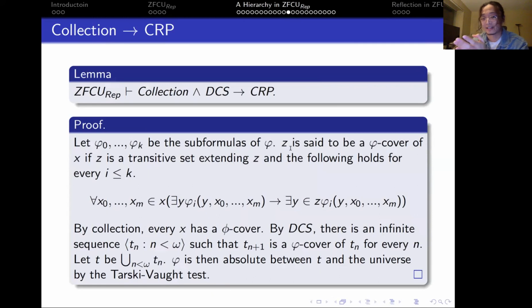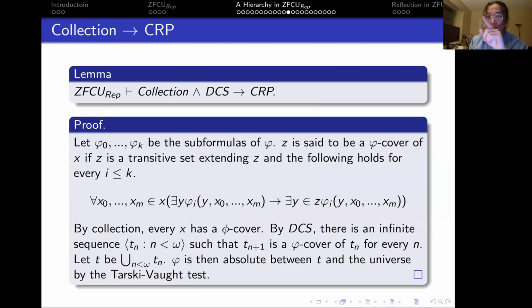We say Z is a phi cover of X just in case Z is a transitive set extending X, and the following holds for every i: if there is a witness for phi_i, then you can find that witness in the set Z. By collection, we can show that every X has a phi cover, because you can consider the set of all finite sequences of X. Then by doing collection k times or k plus 1 times, you can collect all the witnesses.